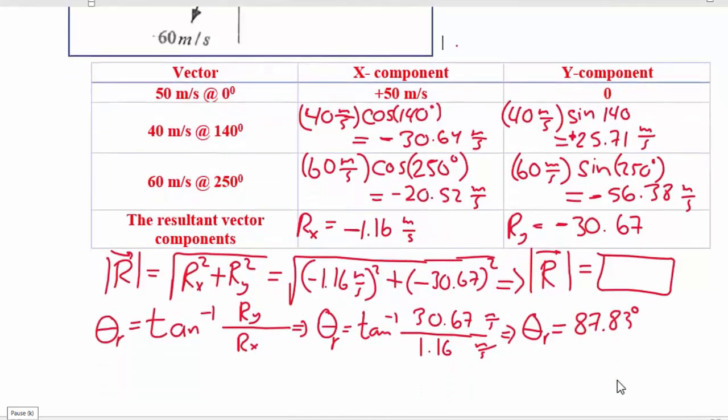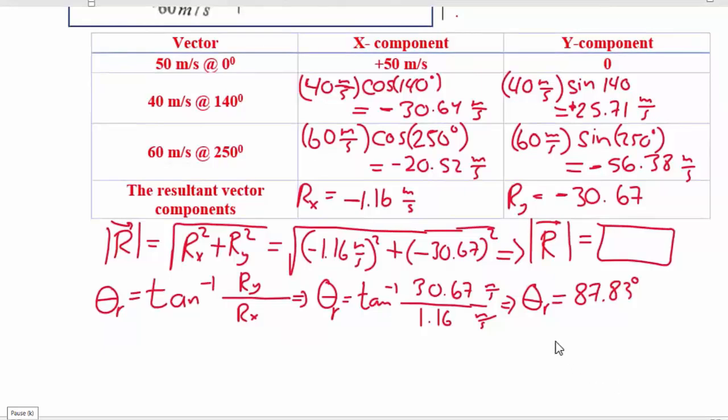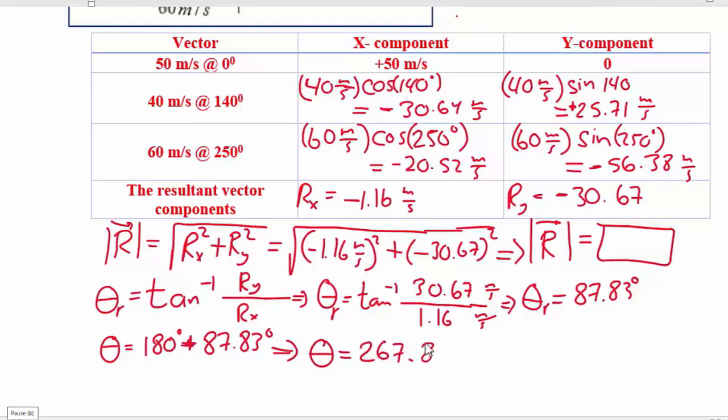We need to find the standard angle. And we know to find the standard angle, we have to add 180 to the 87.83 since it's in the third quadrant. So theta, which is the standard angle, is 180 degrees plus 87.83, and this will give us 267.83 degrees for the standard angle. Now we have the magnitude of the vector and we have the direction using the standard angle.